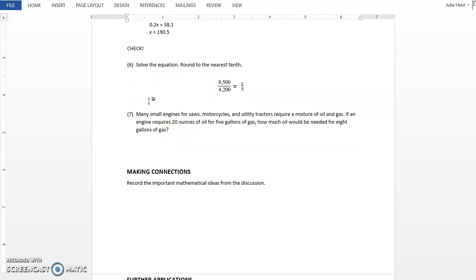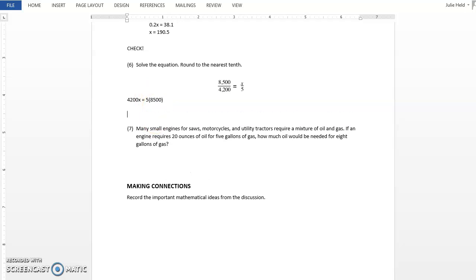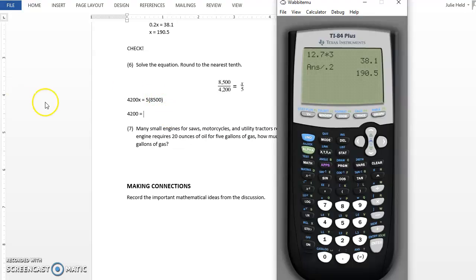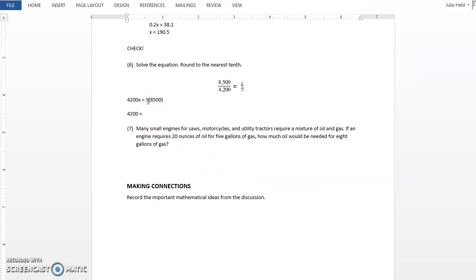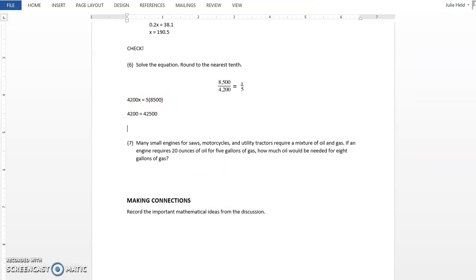If I do number 6, so try it out, pause the video and see if you get what I get, and then see if your work is organized similarly so that we can tell how you're solving. So I multiplied each cross product, and then I get on the right 8,500 times 5 is 42.5, and then, oh, I lost my x though. There we go.